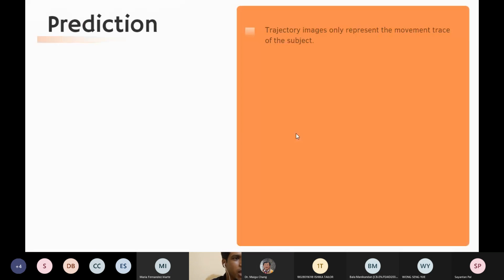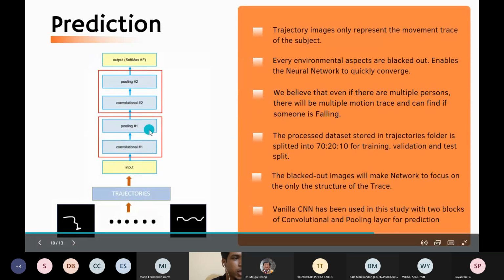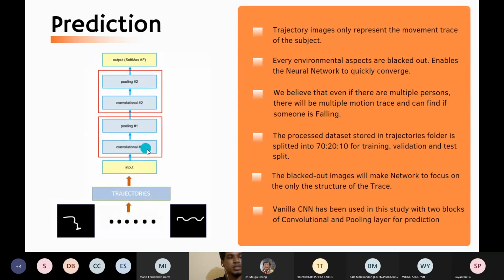Coming to the third stage, the neural network part. We used a very vanilla, very basic CNN to predict the output. We decided on it based on the processing constraints, and this neural network predicts well, giving decent accuracy.